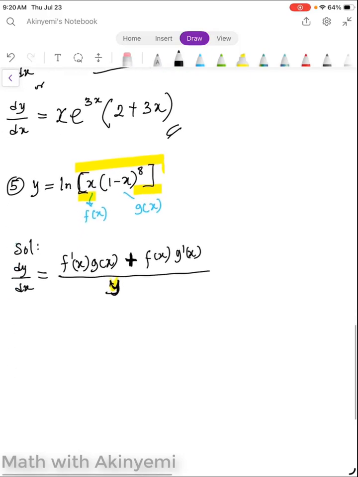So dy over dx will be equal to the derivative of the f of x. Our f of x is x, differentiating it is 1 into bracket g of x, 1 minus x raised to the power of 8, plus f of x, which is x, times the differentiation of g of x.